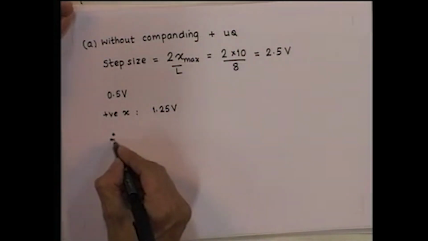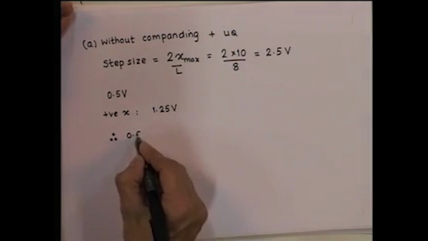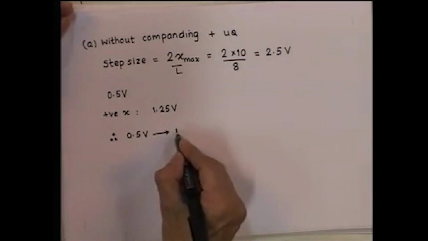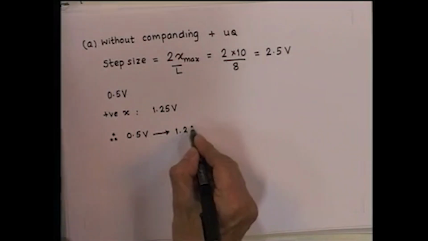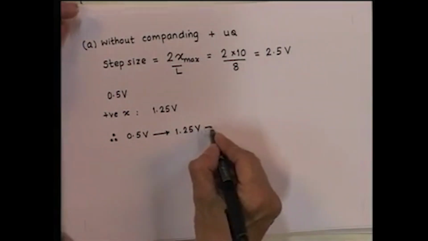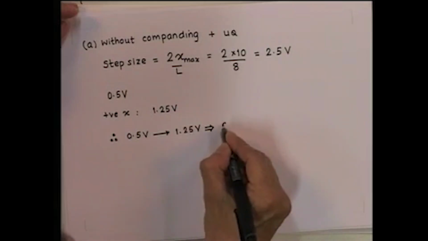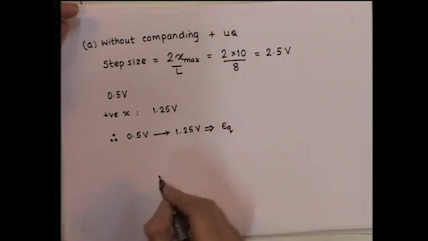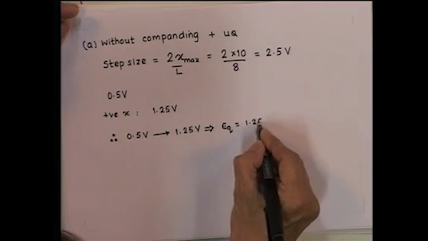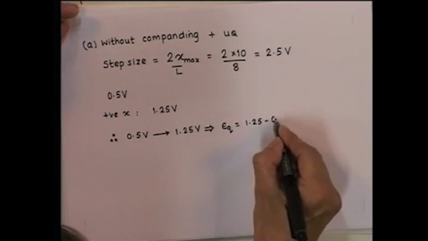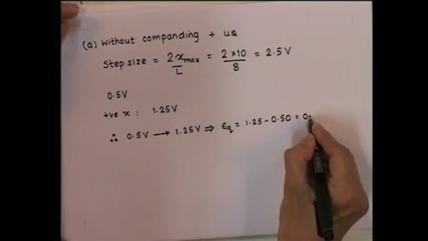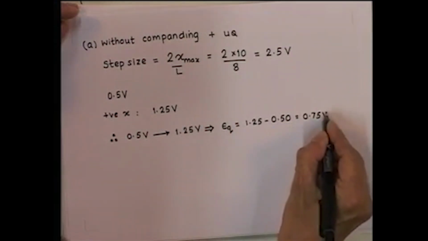Therefore, 0.5 volt will get quantized to 1.25 volt, which implies that the quantization error will be equal to 1.25 minus 0.50 is equal to 0.75.